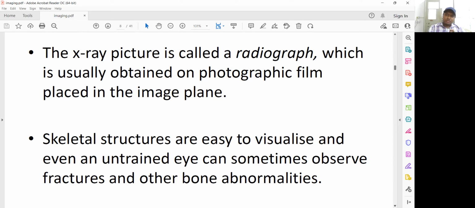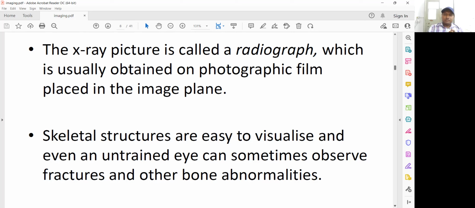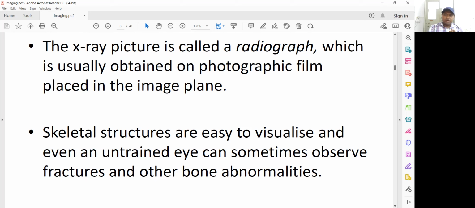So the X-ray picture is very clear to the physician, and obviously to an untrained eye who is not a physician. He or she can easily determine whether there are any abnormalities in the bony structure, or any fractures in the bone. It is clearly visible using a radiograph.